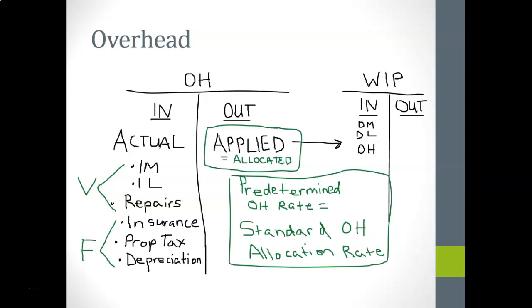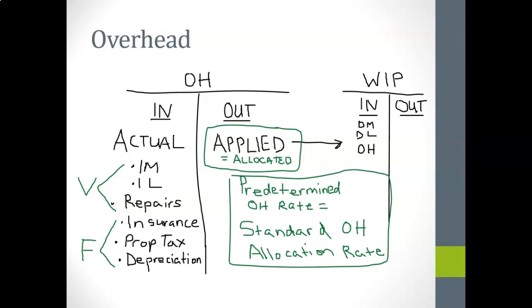So our predetermined overhead rate, that $2 in my example, is also called the standard overhead allocation rate. We're allocating or applying that estimated amount. So the actual costs are on our debit side. The estimated amount is on the credit side.